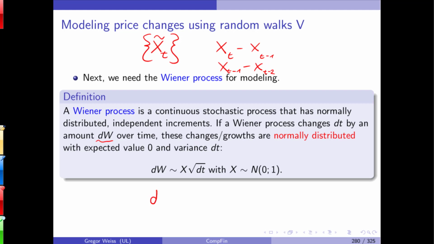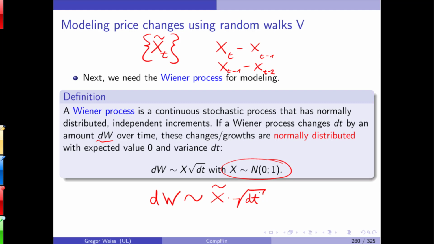You say the changes of the Wiener process are given by a standard normal distribution times the square root of dt. This is a Wiener process, one way to write a Wiener process. And as you can see, the distributional law doesn't change over time.